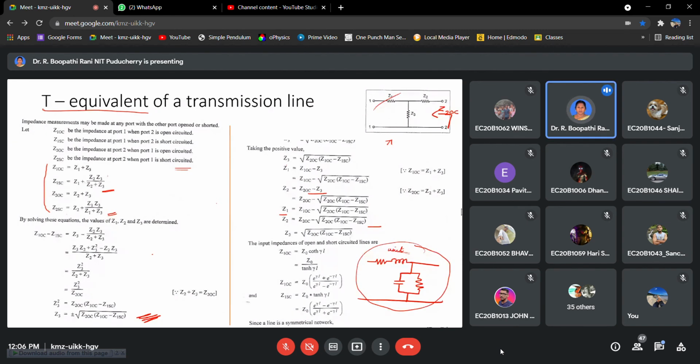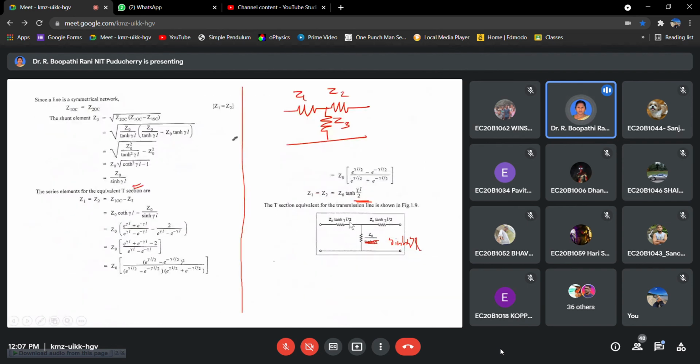Are you going through, students? T equivalent of a transmission line, we started with Z1, Z2, Z3, and we related with open circuited, short circuited impedances. Then finally, we derived the relation in terms of secondary constants of a line.